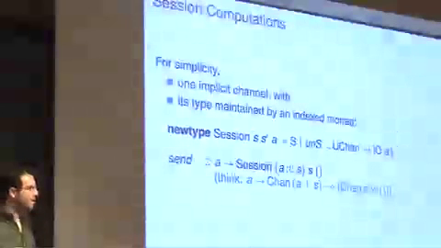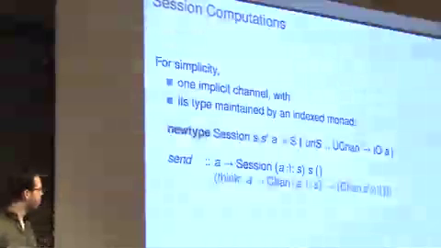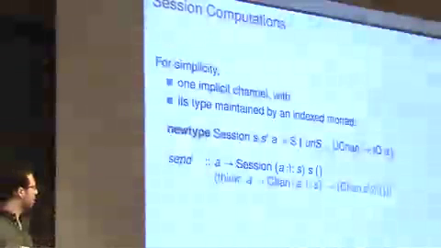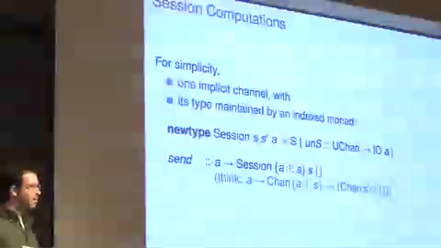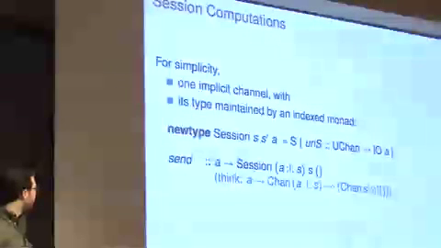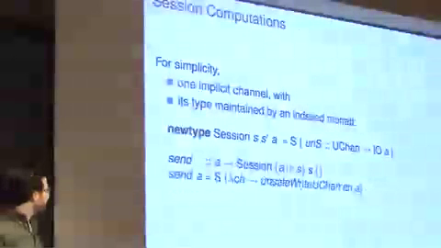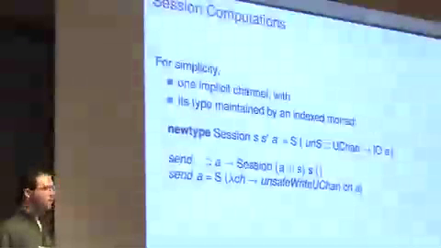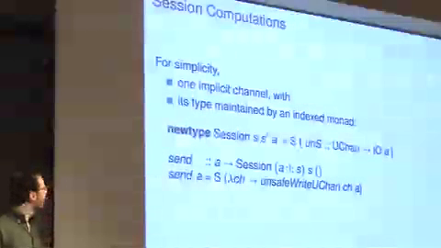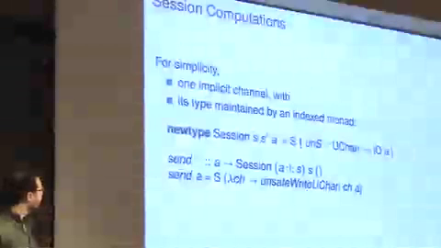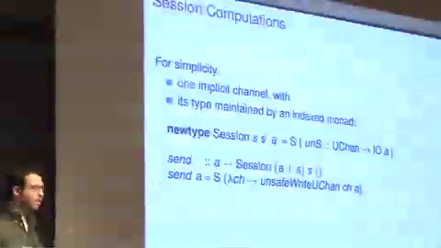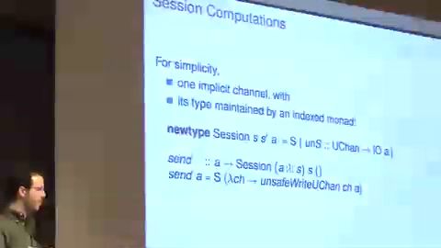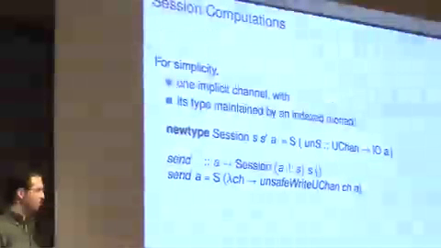We implement this session thing as essentially a composition of a reader monad for that implicit untyped channel and I/O. And so all send has to do is get its hands on that untyped channel and send the value you want to send over it. So if we get the types on send and receive and so on right, hopefully we can make this work. But if not, we're in trouble.